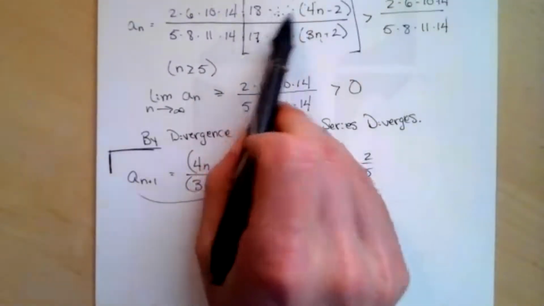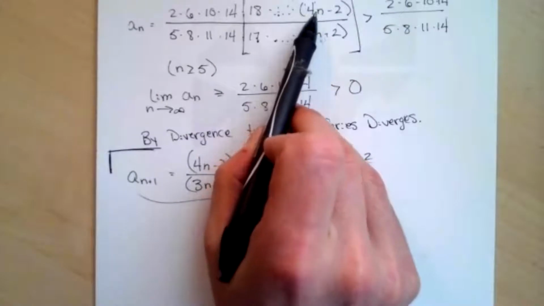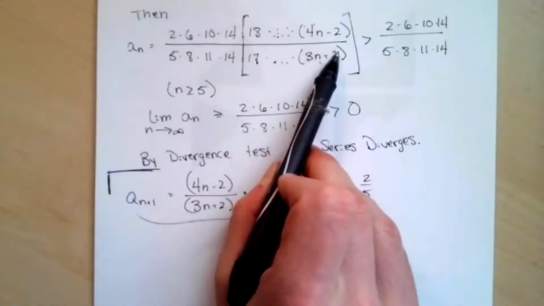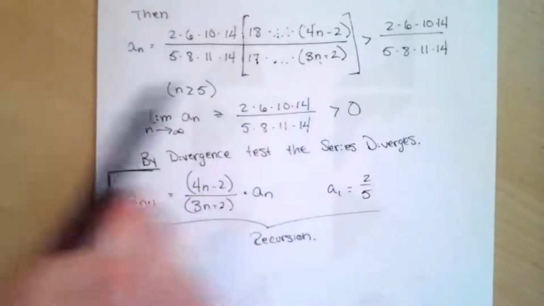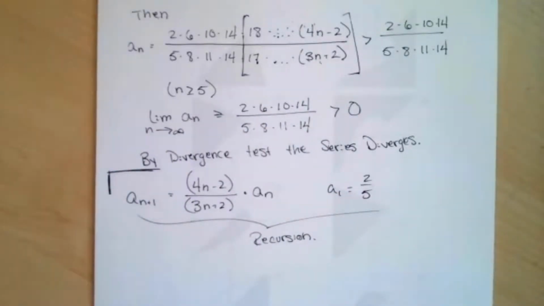We notice that we're multiplying the numerator every time by 4n minus 2, and the denominator every time by 3n plus 2, and of course keeping all the previous terms. So anytime we keep all the previous terms and then do another mathematical operation, whether it's adding something or multiplying by something, recursions work very well.